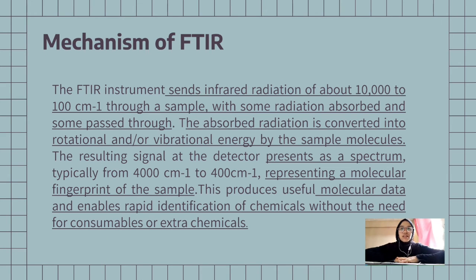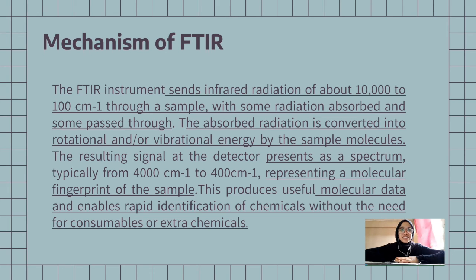Mechanism of FTIR. The FTIR instrument sends infrared radiation of about 10,000 to 100 cm through a sample, with some radiation absorbed and some passed through. The absorbed radiation is converted into rotational or vibrational energy by the sample molecules.